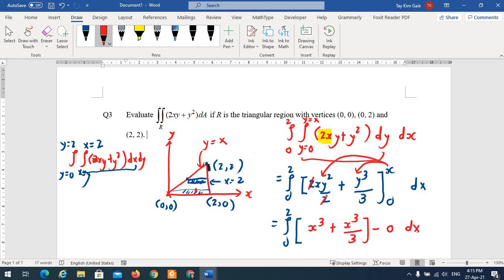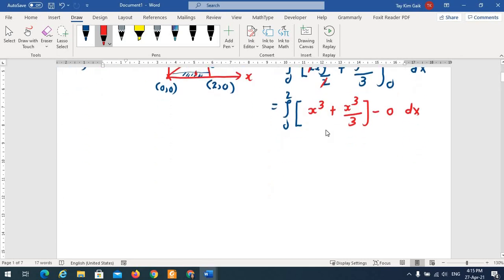Lastly, you just integrate with respect to x. You can use your calculator to integrate directly, or you may integrate manually. Integrating x cubed gives x to the power 4 divided by 4, plus x cubed, so x to the power 4 over 4 times 3, which is 12. Put in your limit from 0 to 2.